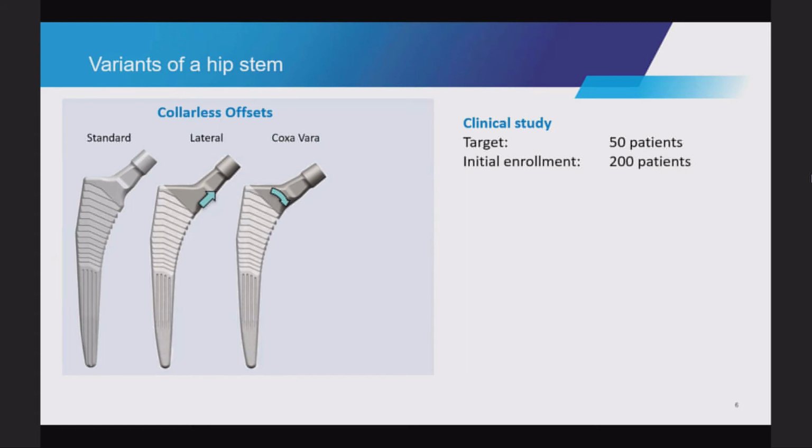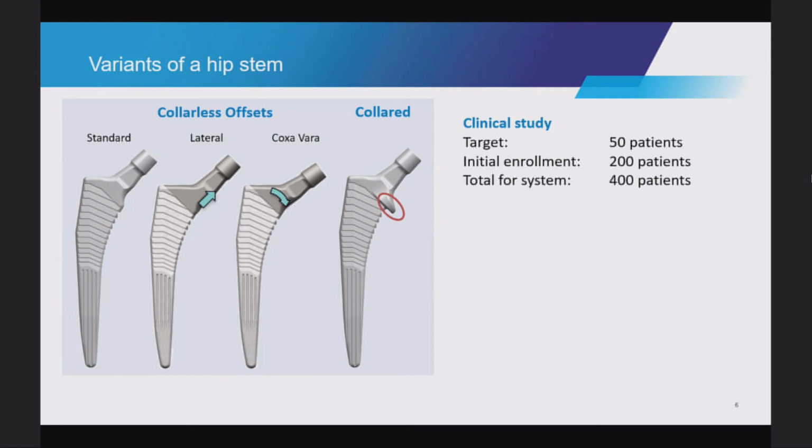Well, to take care of potential fallout over time, and to make sure we get the rare accommodations, we may need to enroll several hundred patients to get to that final 50 count at the end of the study. Further, we may have different variants of the system, so a collared system, not just a collarless system. So now we need to double that. And so now we have 400 patients that we need to track with the hope of retaining 100 patients at the end of the study.